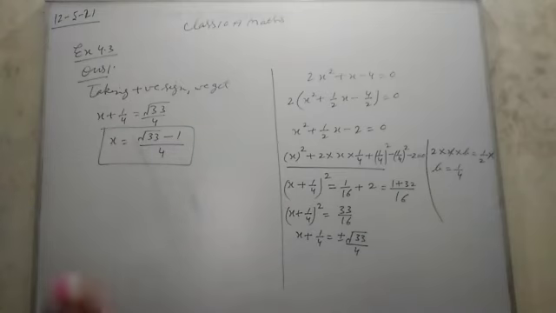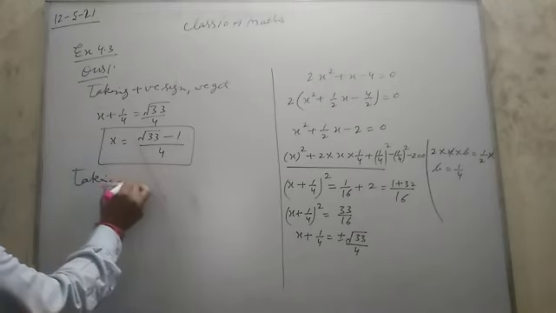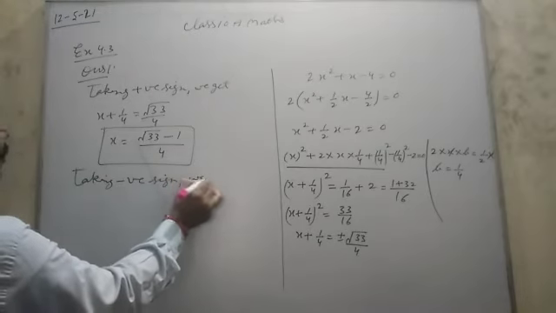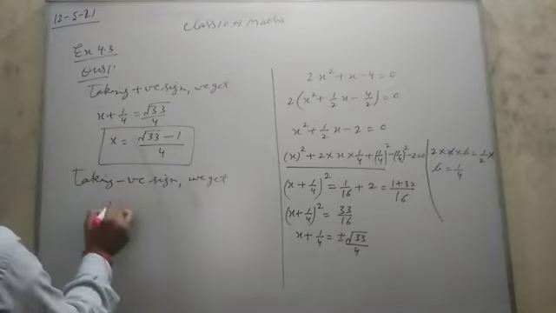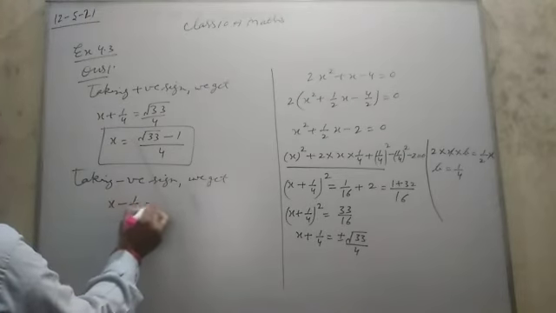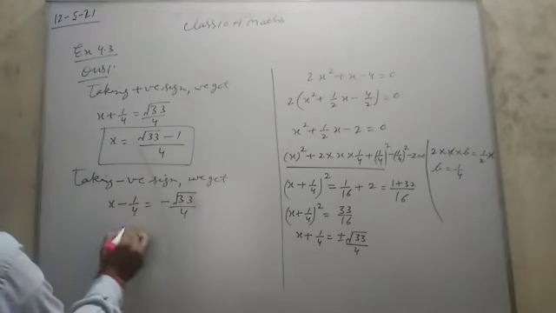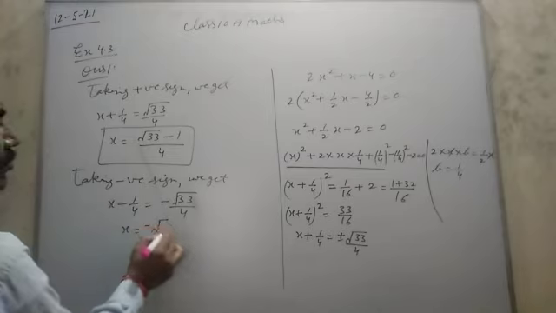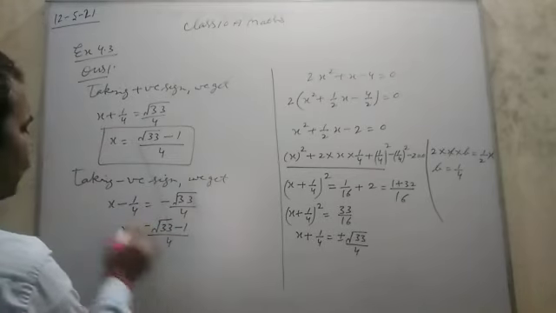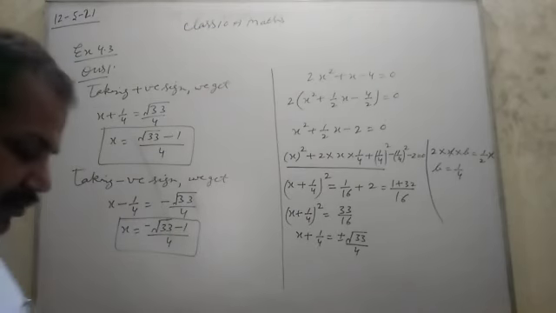And then taking the negative sign, we get x plus 1 by 4 is equal to minus under root 33 by 4. So x is equal to minus under root 33 minus 1 upon 4, this is the second root. So this is the answer of this question.